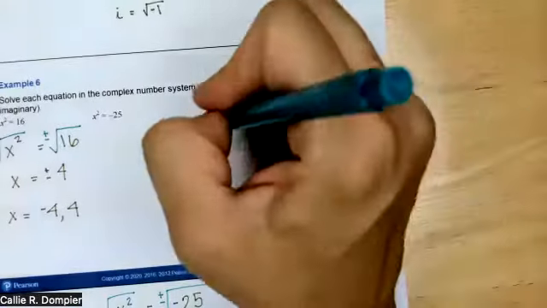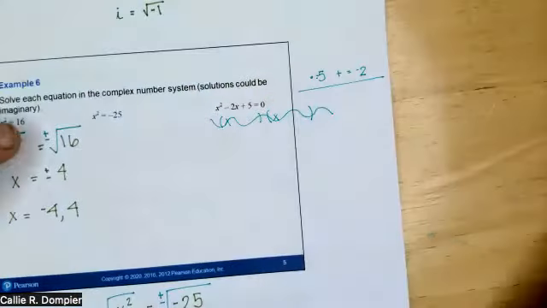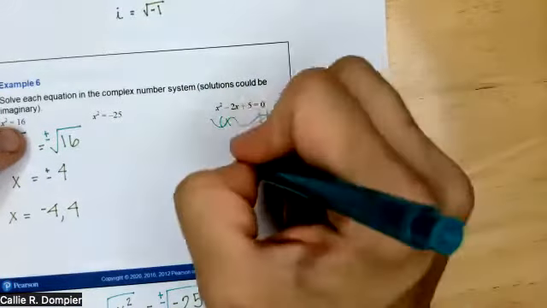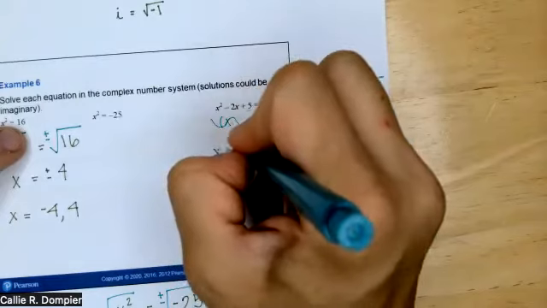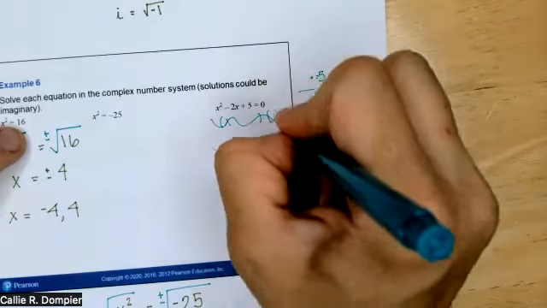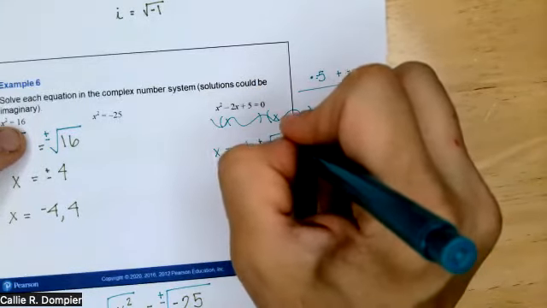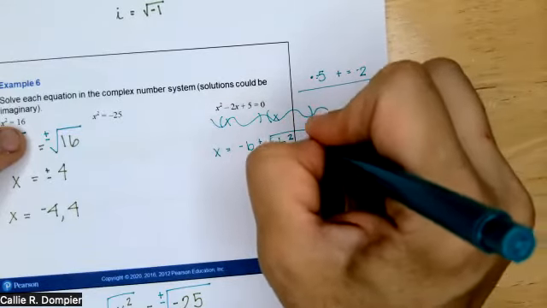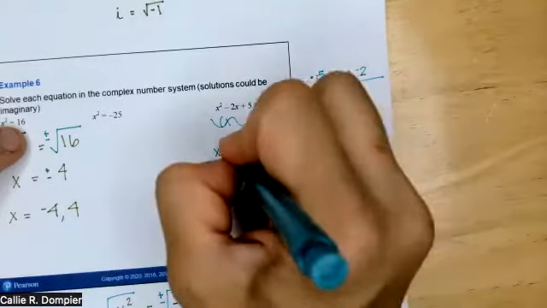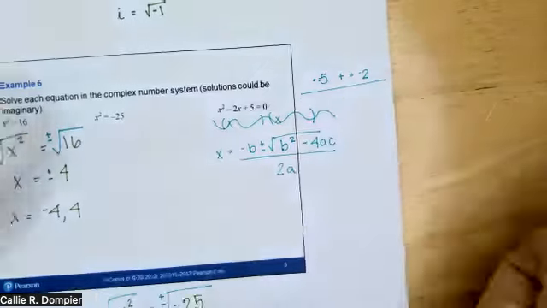This is just another opportunity to practice the quadratic formula, which is x equals negative b plus or minus the square root of b squared minus 4ac, over 2a. Good?